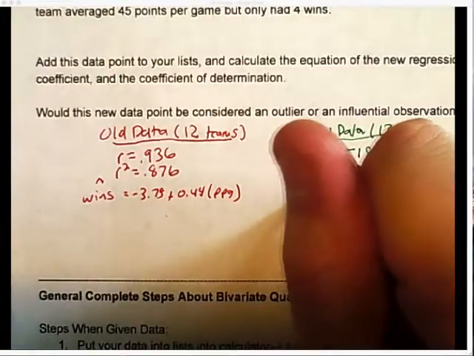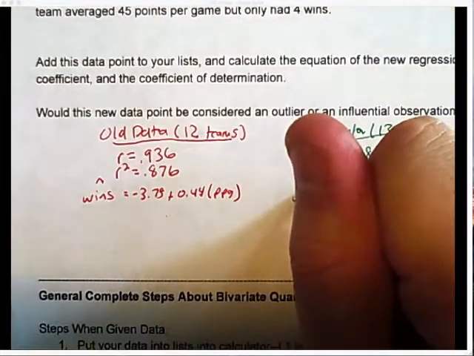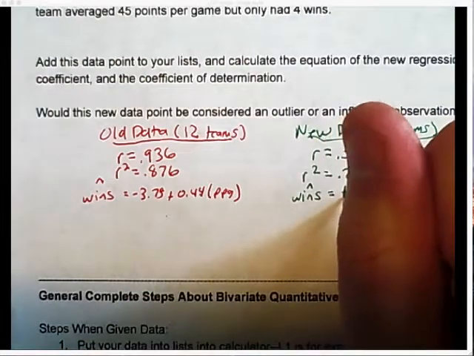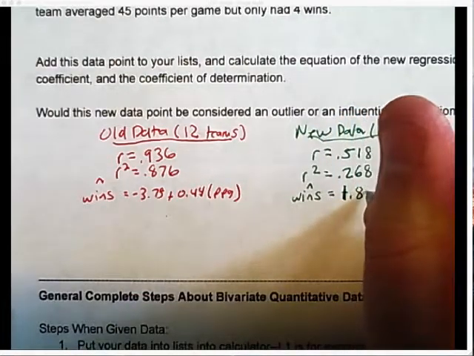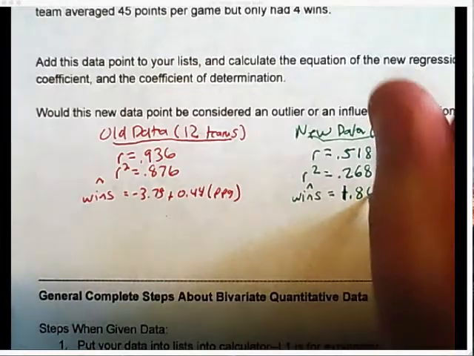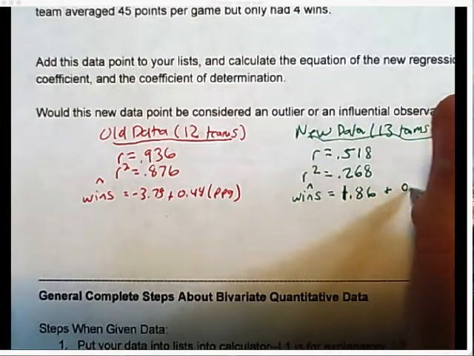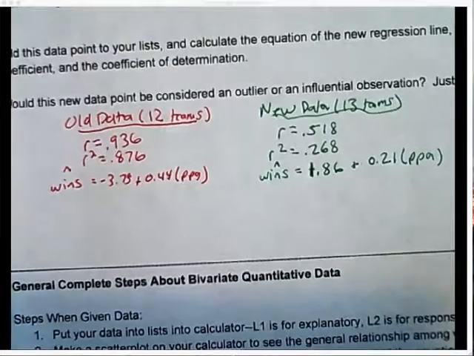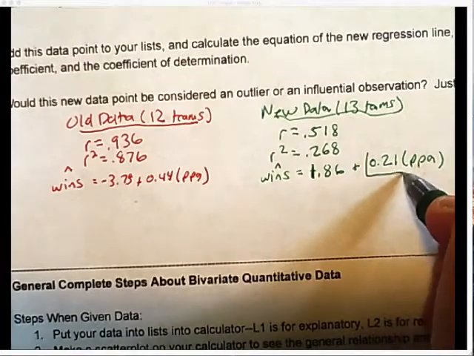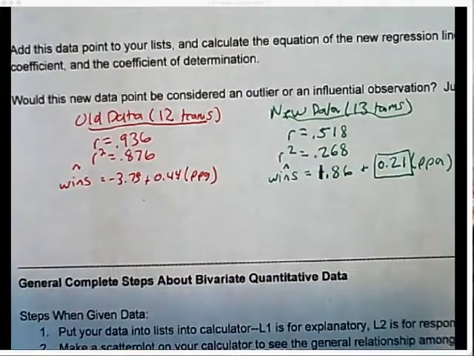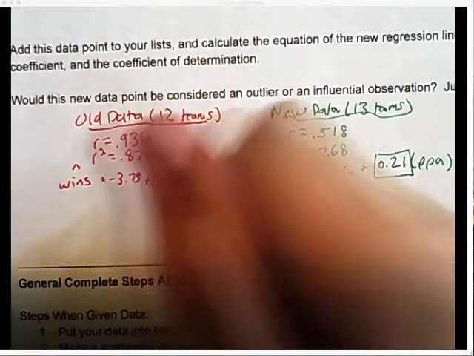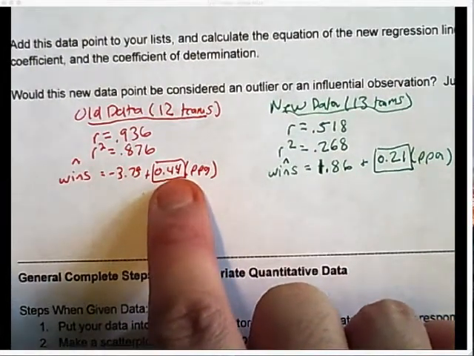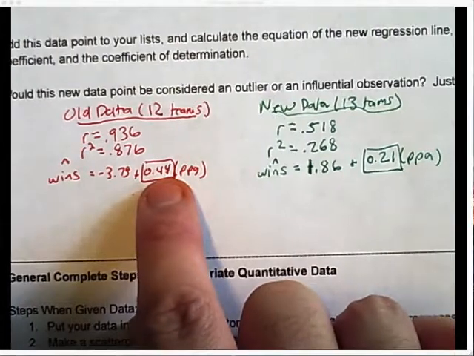And what about the regression line? Predicted wins would equal, instead of negative 3.75, now it's 1.86 plus 0.21 points per game. I'm not too worried about the Y-intercept, but look how much that changed the slope. It used to be for every one more point per game, we would expect a team to gain 0.44 wins.